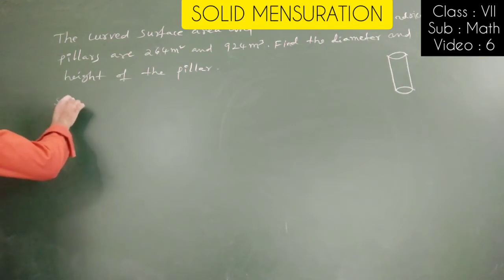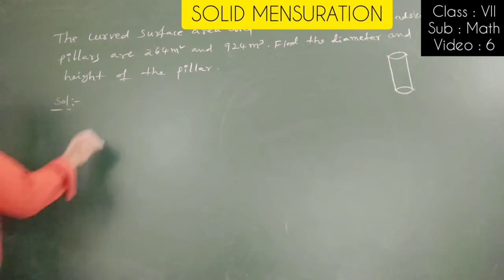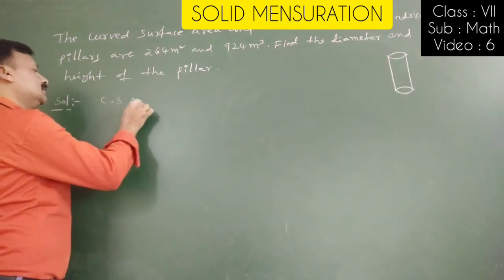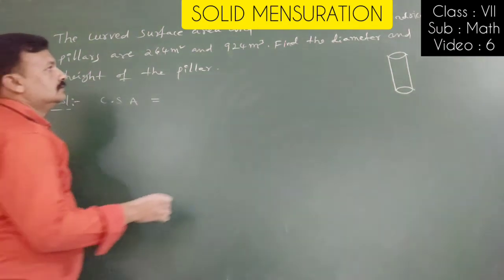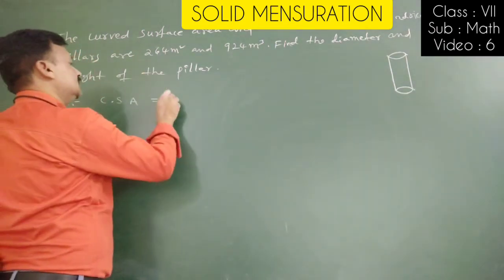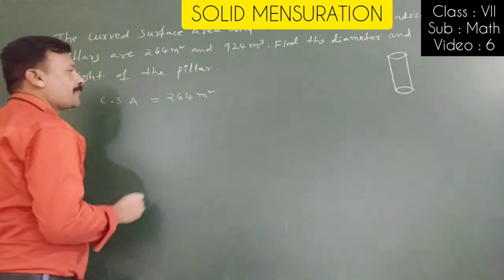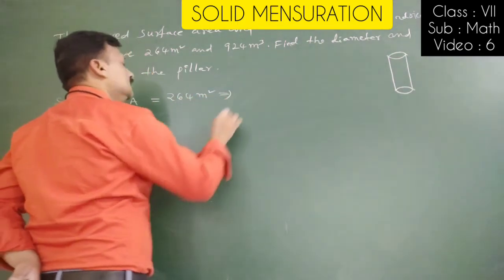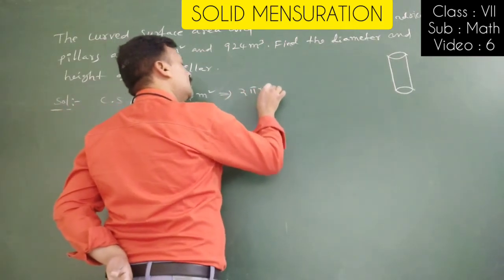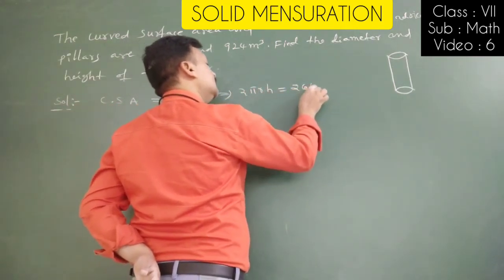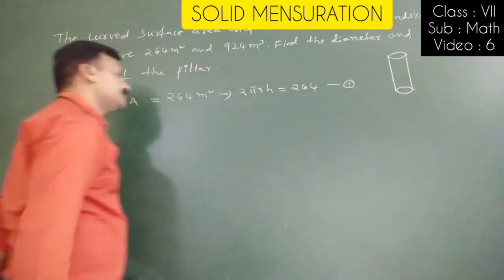Now what is given here? CSA equal to 264 meter square. That implies 2 pi r h equal to 264. That is equation 1.